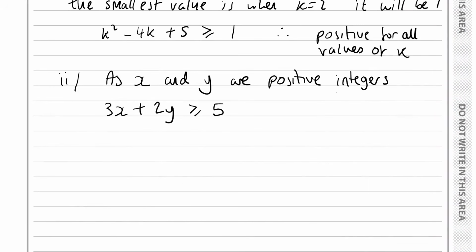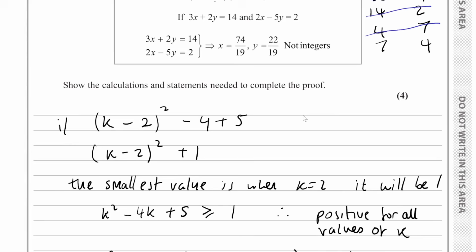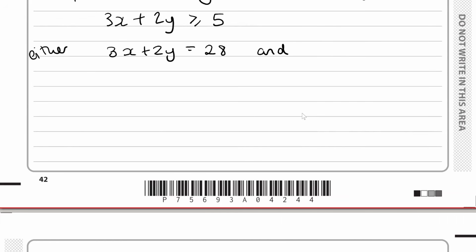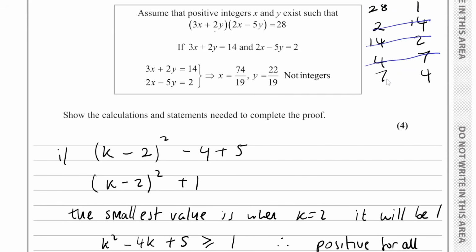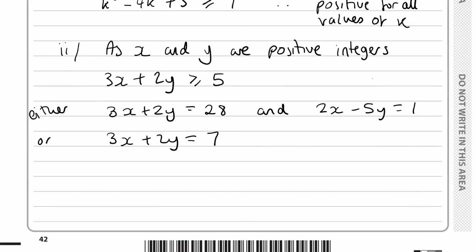So 3x plus 2y equals 28 and the other one, 2x minus 5y, equals 1, or 3x plus 2y is 7 and 2x minus 5y is 4.